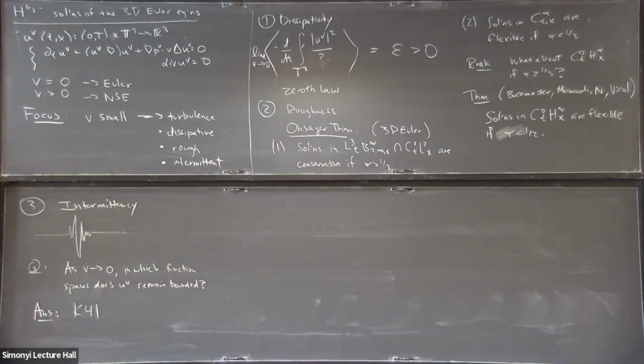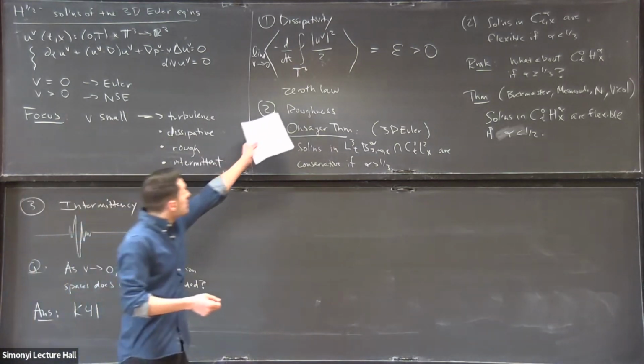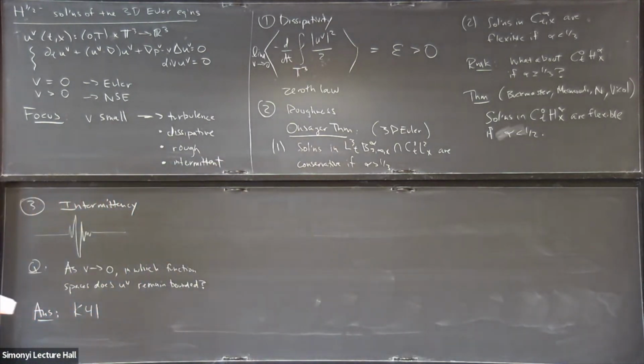So it's called the phenomenological theory because he postulated that the solutions enjoyed certain symmetries, translation symmetry and rotation symmetry, and a sort of self-similarity or scaling symmetry. And then from these assumptions and the assumption of the zeroth law, he deduced the following.